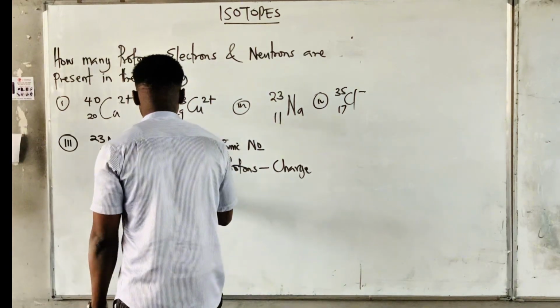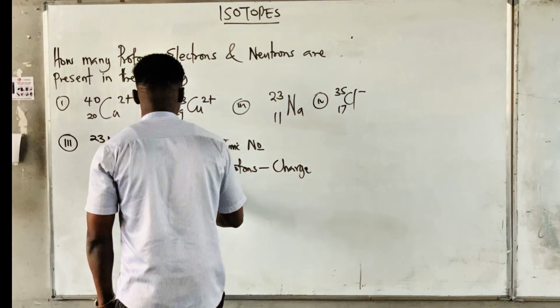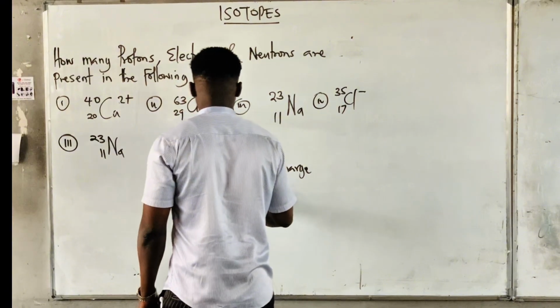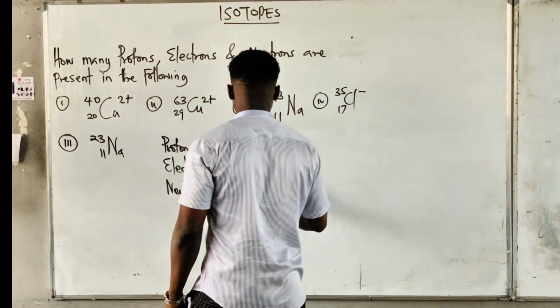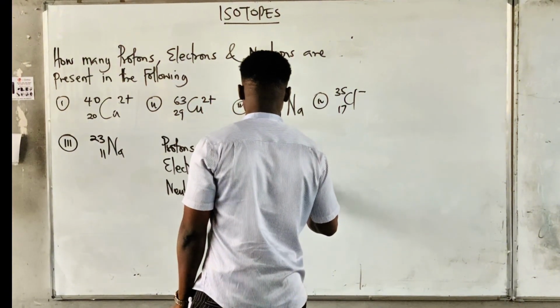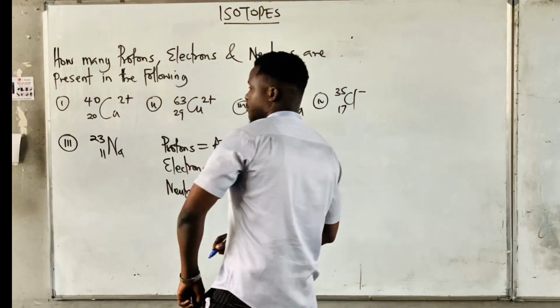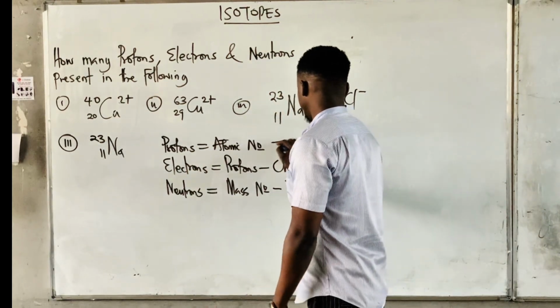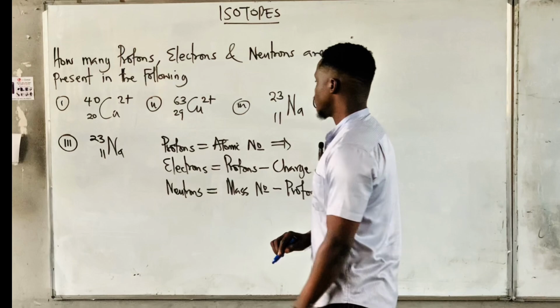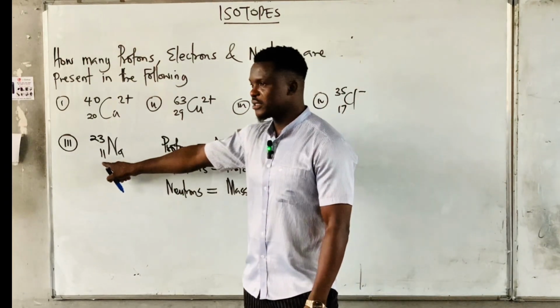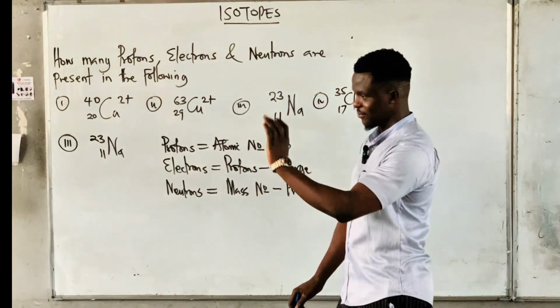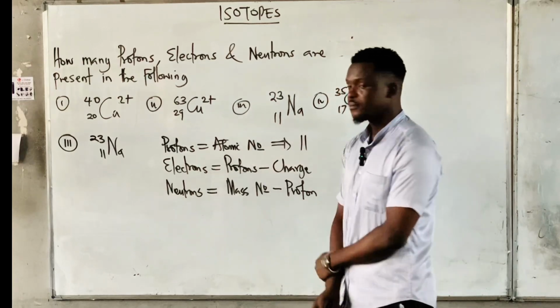And we have neutrons to be mass number minus proton number. So I'm just going to continue from here. So the proton in this compound is 11. We have 11.